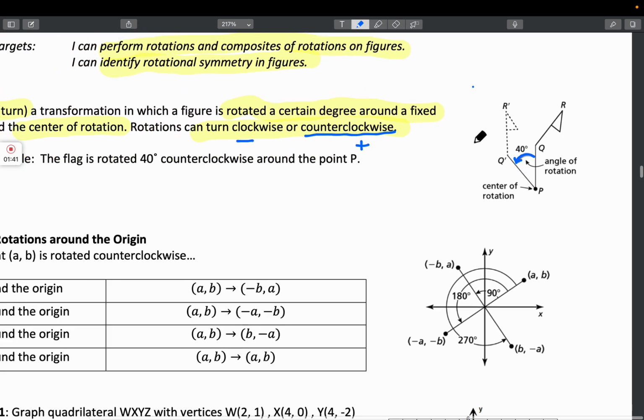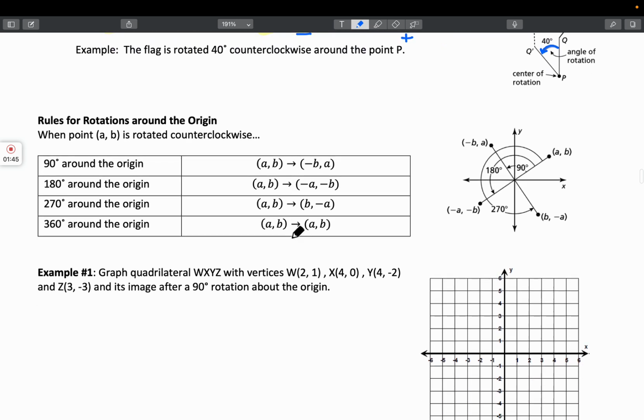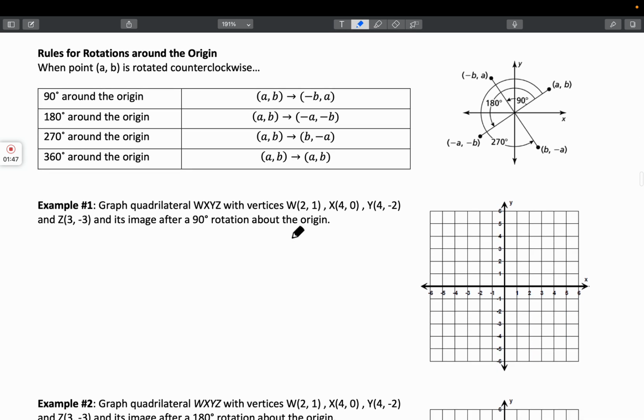All right, let's look at some more common rotations that we'll be doing throughout this section. The most common ones are to rotate our geometric figure around the origin. So here are those rules for rotating around the origin, which remember is the point 0, 0. When point (a, b) is rotated counterclockwise 90 degrees around the origin, all of those coordinates (a, b) will go to (negative b, a).